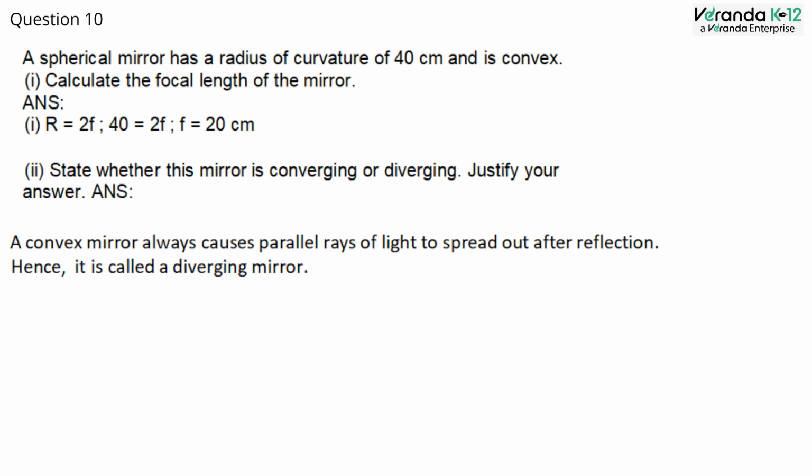Subdivision question 2. State whether this mirror is converging or diverging. Justify your answer. Answer. A convex mirror is a diverging mirror because it always causes parallel rays of light to spread out or diverge after reflection. Therefore, it is a diverging mirror.